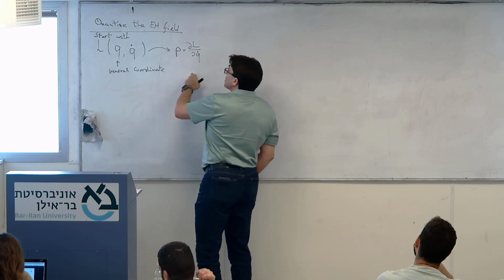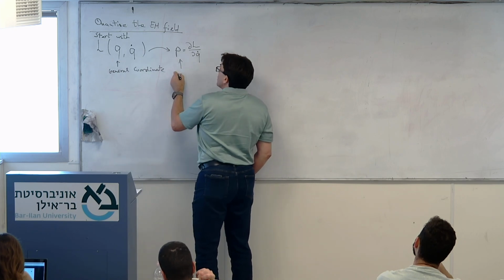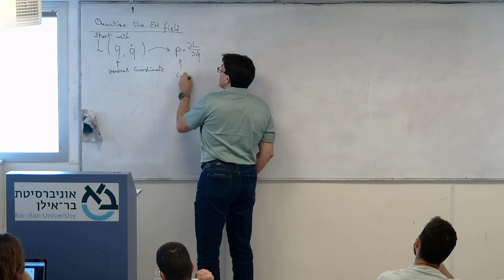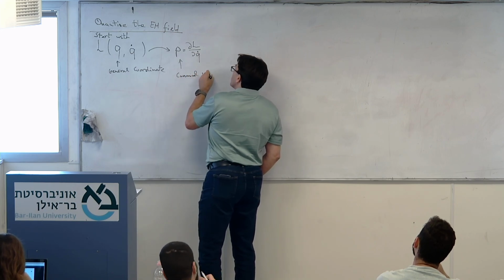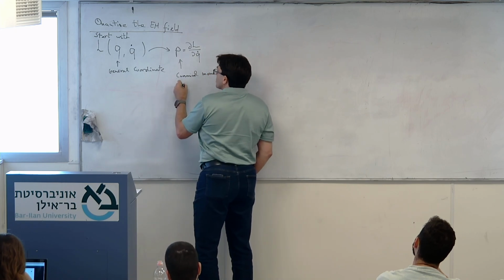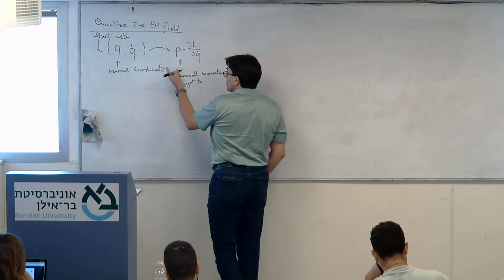But then the point is that this is a general coordinate, and this is the canonical momentum that is conjugate to the coordinate q.